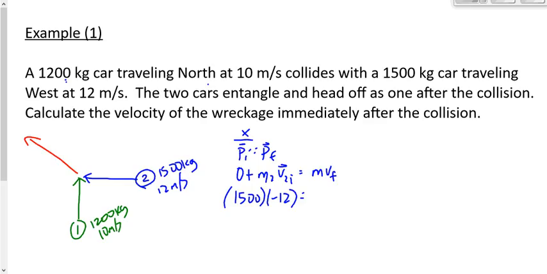The combined mass here is 2,700 kilograms. We've got to use both masses because they're both moving on the x-axis after the collision. This works out to be, negative actually, 6.666.